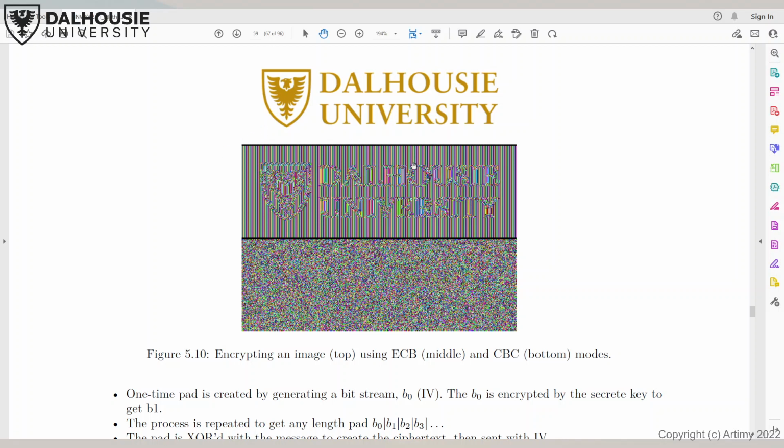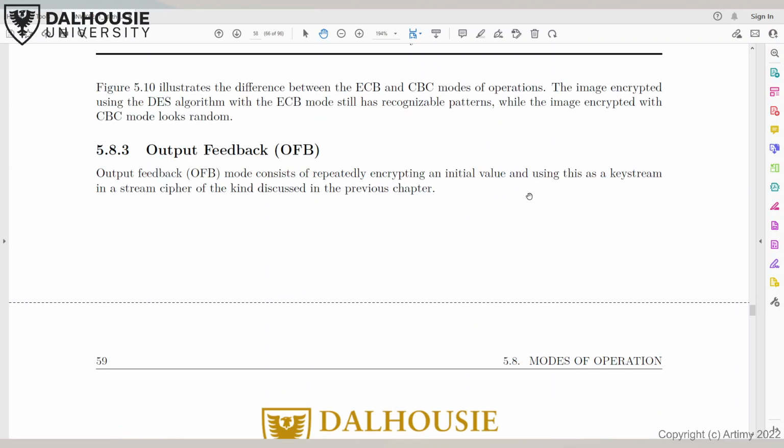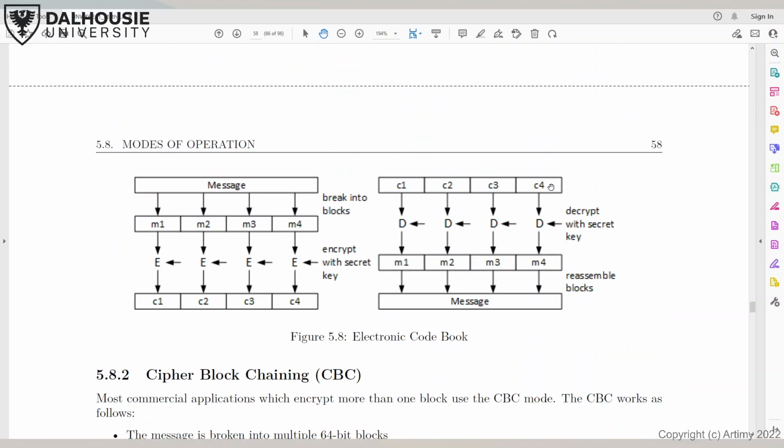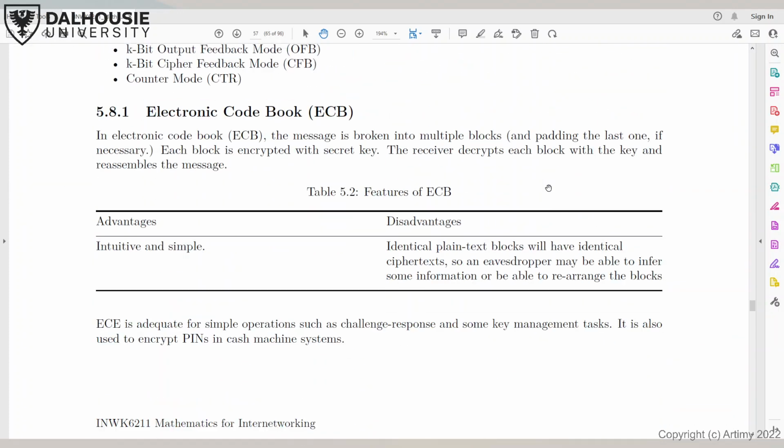So even though you don't see the Dalhousie logo in its original form, you can figure out the picture here. Even though it's encrypted, you can still see the D, you can still see the A. Why? Because we are encrypting the same color with the same key, so the result will be the same cipher. And that applies even to text, but images or sounds will be even clearer.